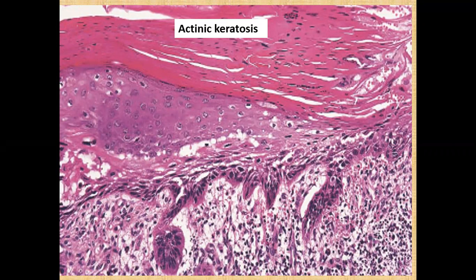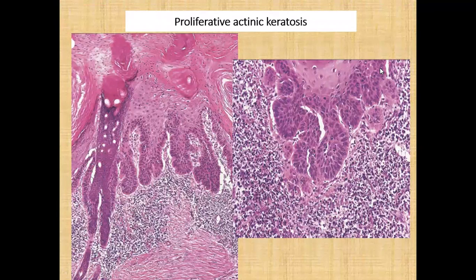In mild epidermal dysplasia, the dysplasia is limited to the basal layer. In moderate, it spreads up to the mid epidermis, while in bowenoid actinic keratosis, there is full thickness dysplasia. This is a proliferating actinic keratosis.